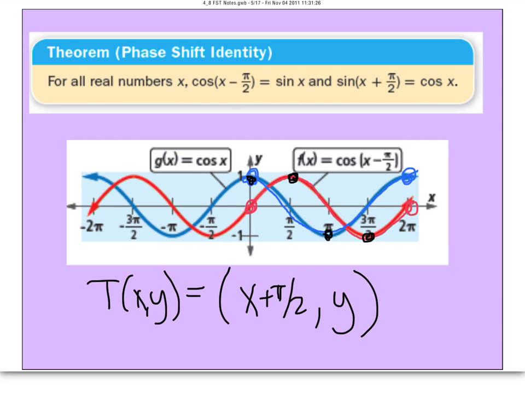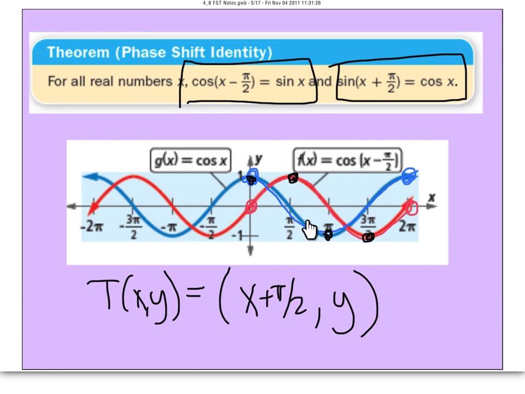So this theorem says that sine and cosine can become each other if you just shift them either left or right, depending on which one that you want. In this case, they took the cosine, they shifted it forward pi over 2, and it became the red graph, which happens to be sine.